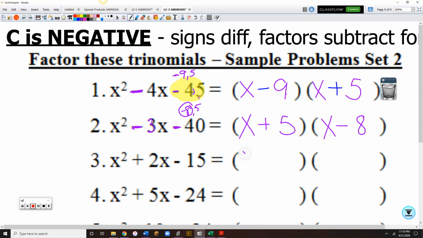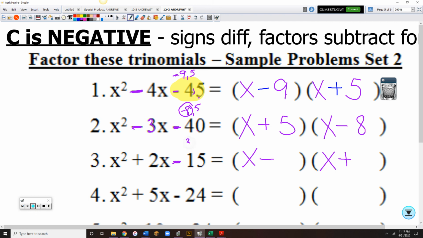Number 3. Here again, we've got the subtraction sign, so that means the signs are different. 1 plus, 1 minus, 1 minus, 1 plus. Doesn't matter. The order of the signs, again, does not matter. The order of the numbers does. So I need two things that multiply to 15 and subtract to 2.